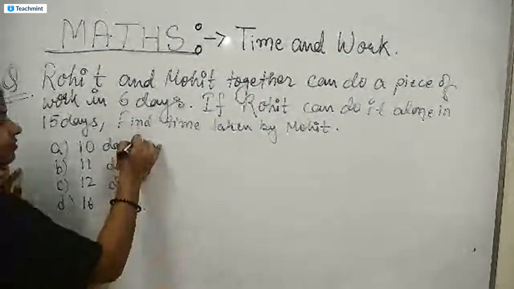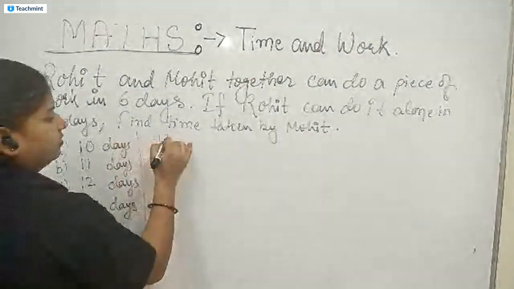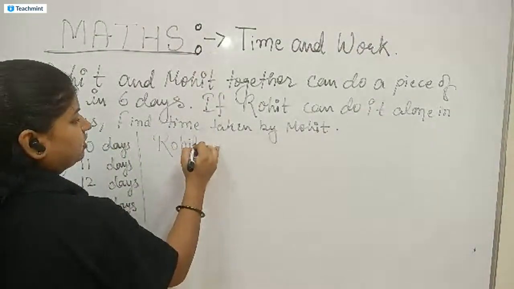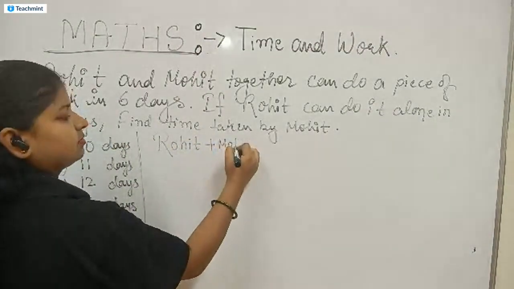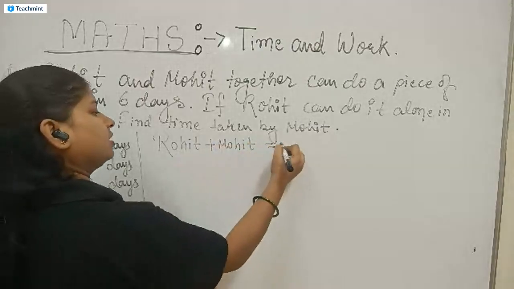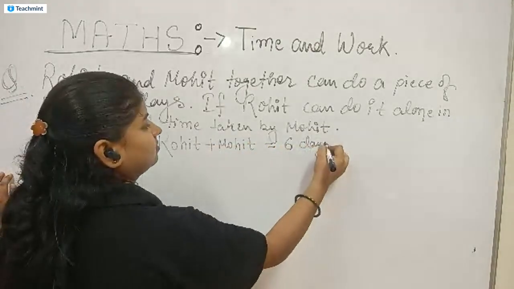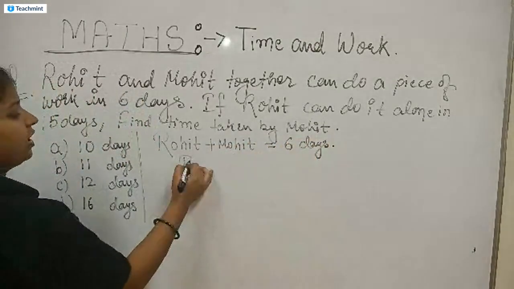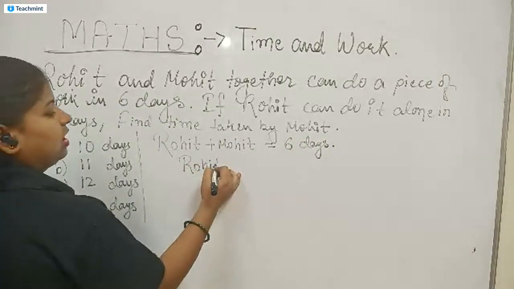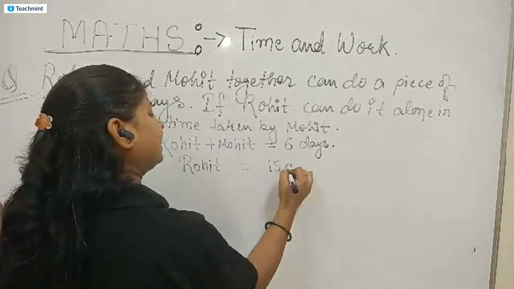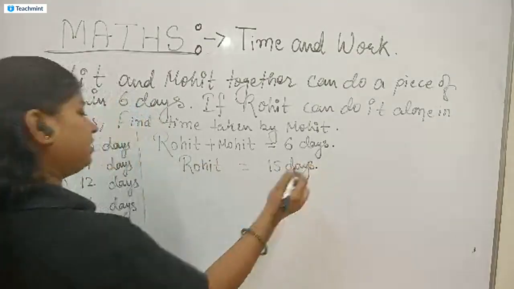See, Rohit plus Mohit, they take 6 days. Rohit alone takes 15 days. Right?